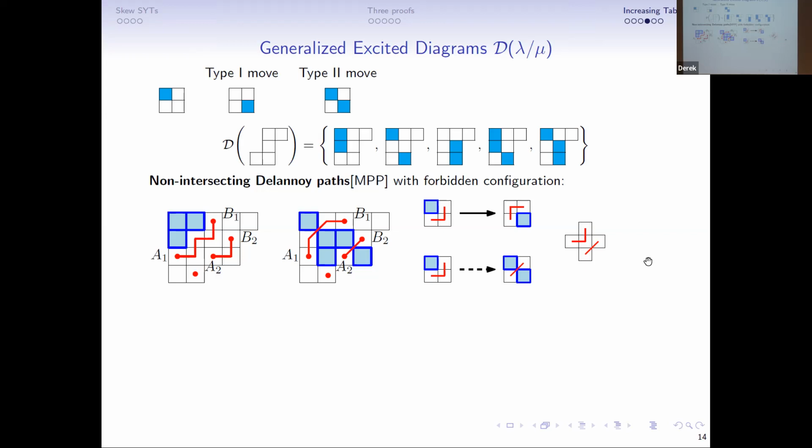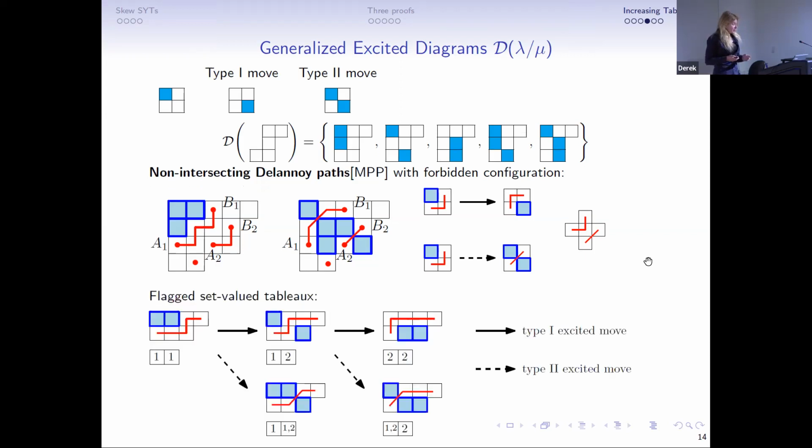So this is not quite just non-intersecting lattice paths. There is an extra restriction over here. And they also have to do with the flagged set-valued tableaux, which is not a surprise given that this whole thing comes from the K-theory.